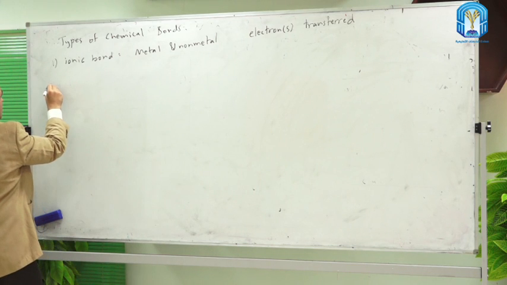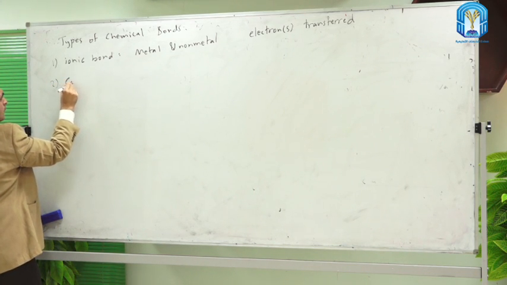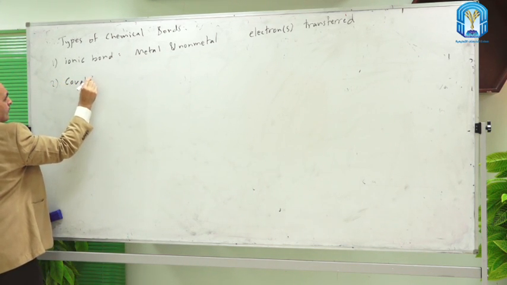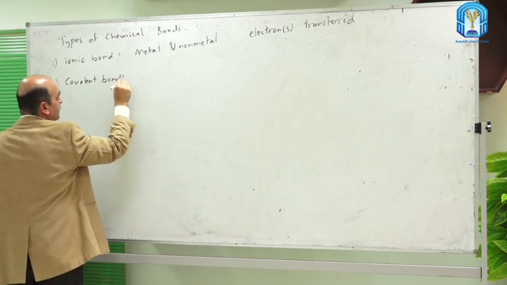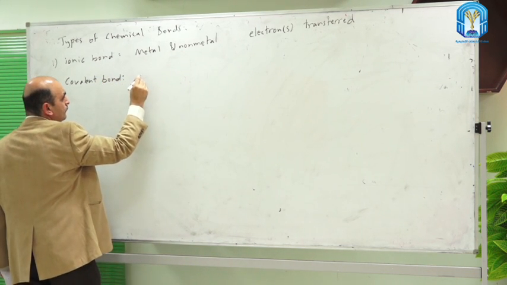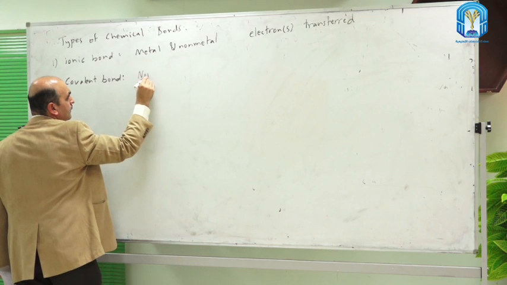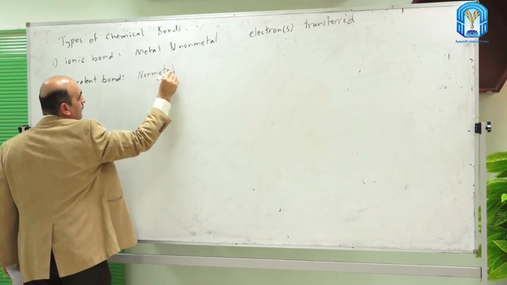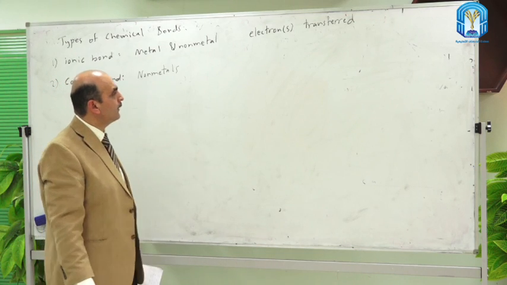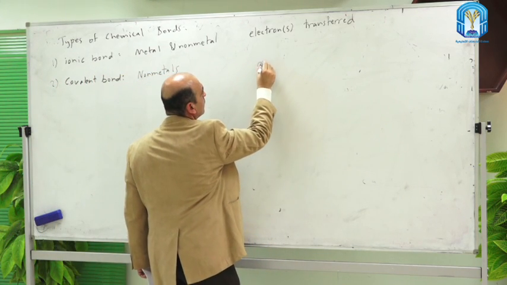And the second type is covalent bond. It is formed between two nonmetals, and the electrons are shared.